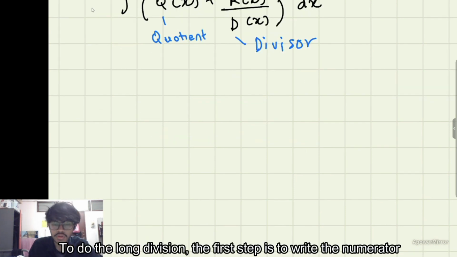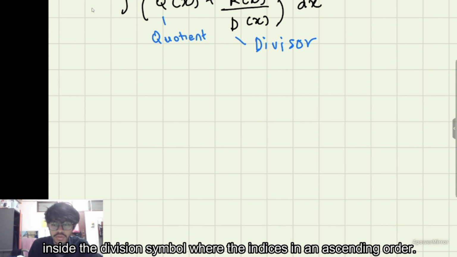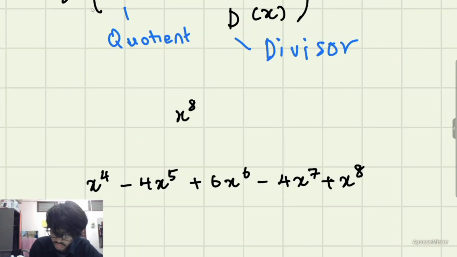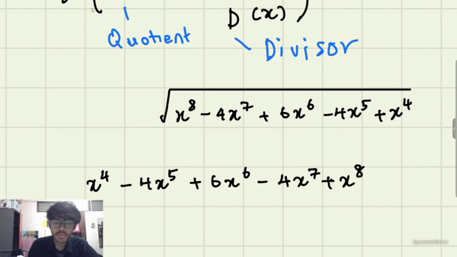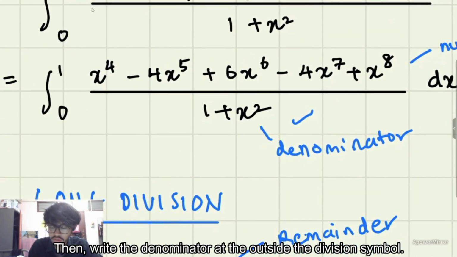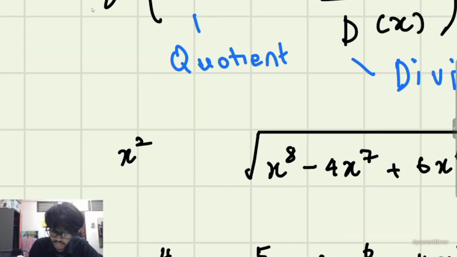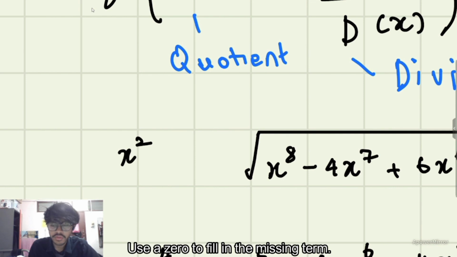So, to do the long division, the first step is to write the denominator beside the division symbol, where the indices are in an ascending order. Then write the numerator outside the division symbol. Use a 0 to fill in the missing term.